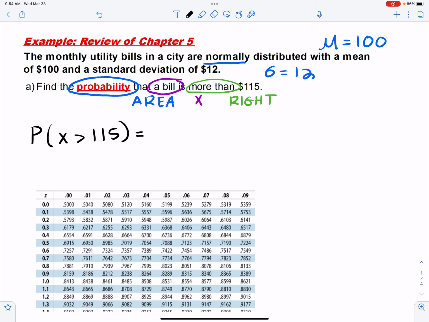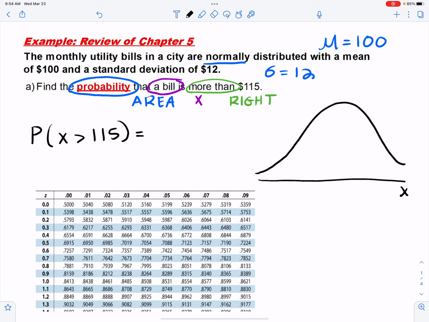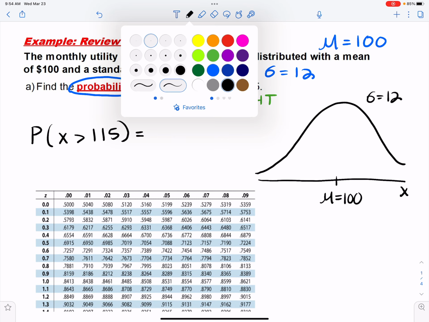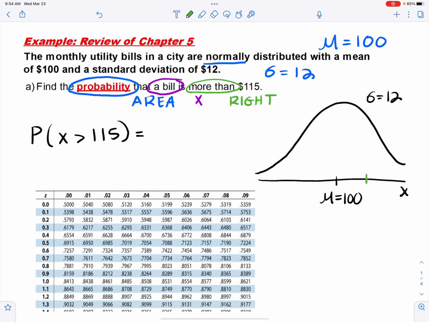If I look at my normal distribution here, I'm using X, not Z, because the mean is not 0 and the standard deviation is not 1. If I were given this normal distribution and asked to look at the area shaded to the right of 115, I just want you to know all three of these questions are exactly the same.